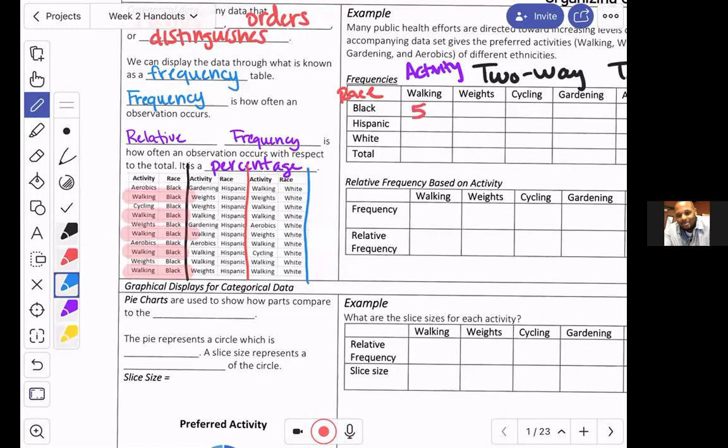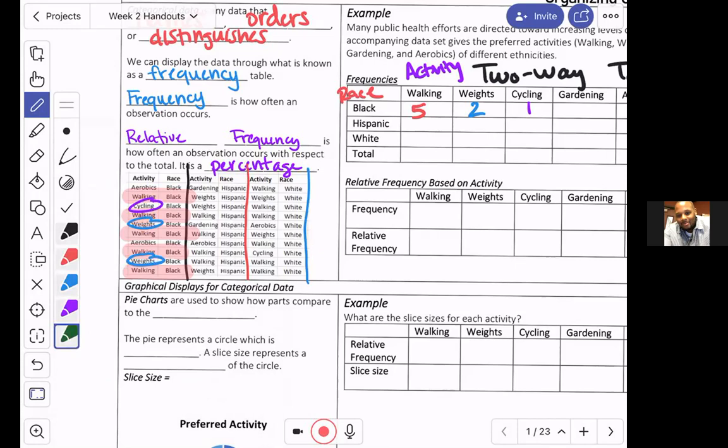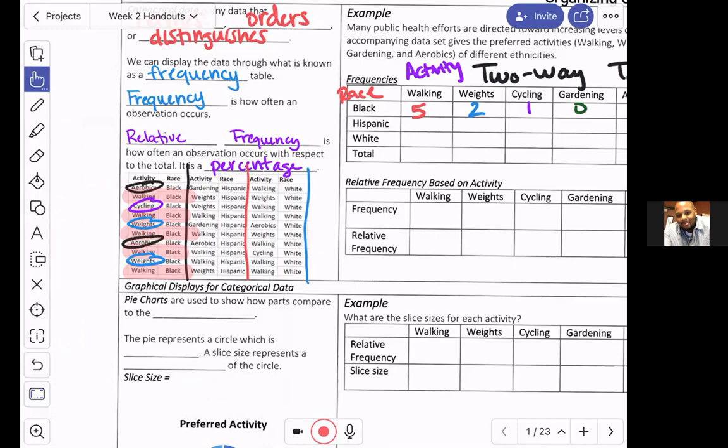You look at weights, looks like you have 1, 2 weights. Cycling, you have 1. Gardening, looks like we have 0 gardening. And then aerobics, 1, 2.